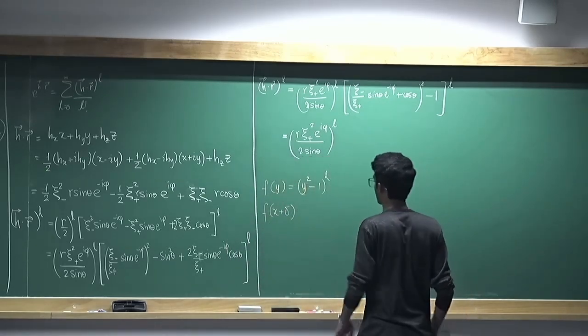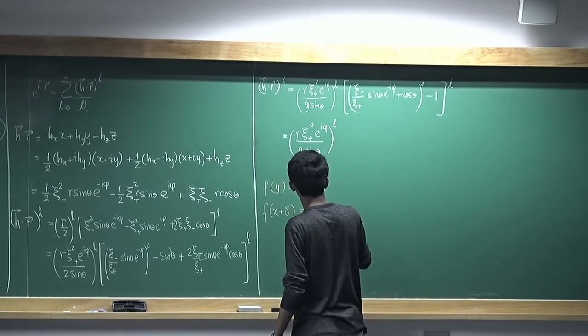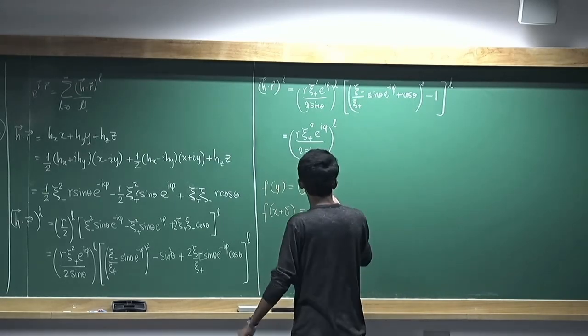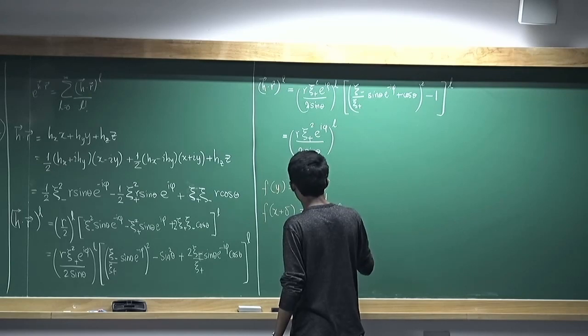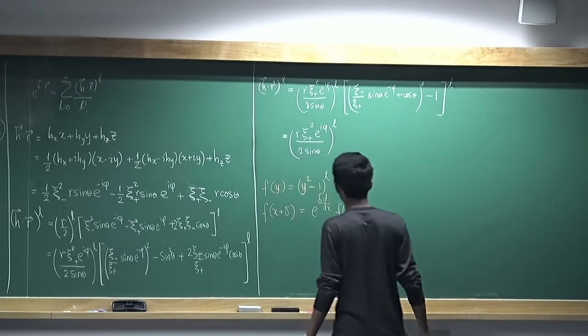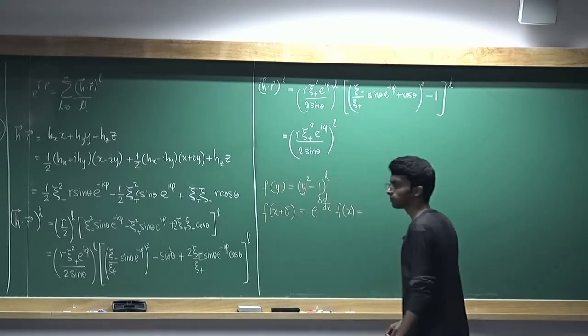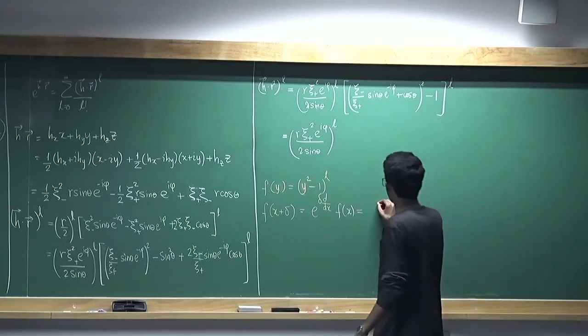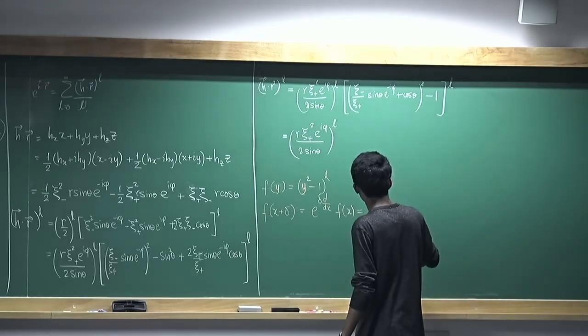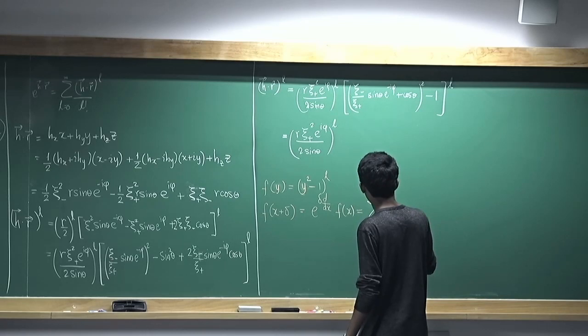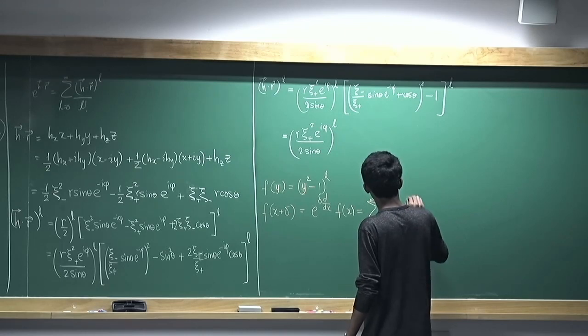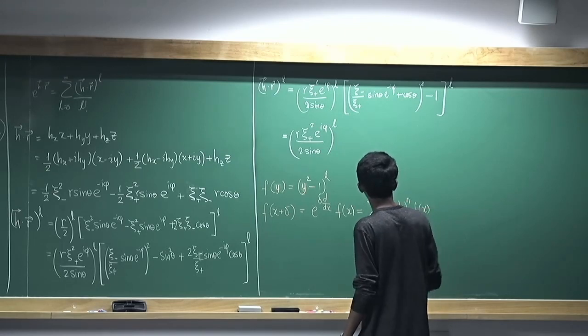F of x plus delta by Taylor's theorem is just e to the delta d dx on f of x, which is simply the summation n equal to 0 to infinity of delta to the n over n factorial, d dx to the n acting on f of x.